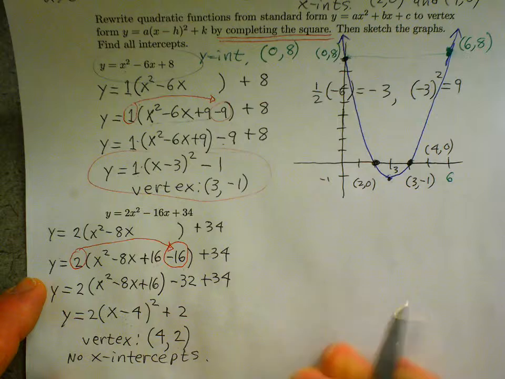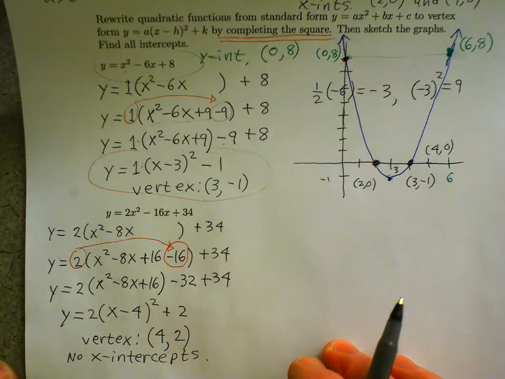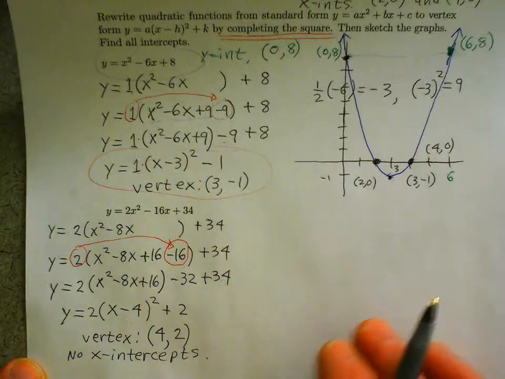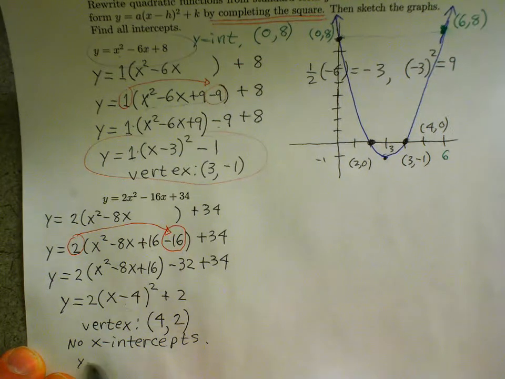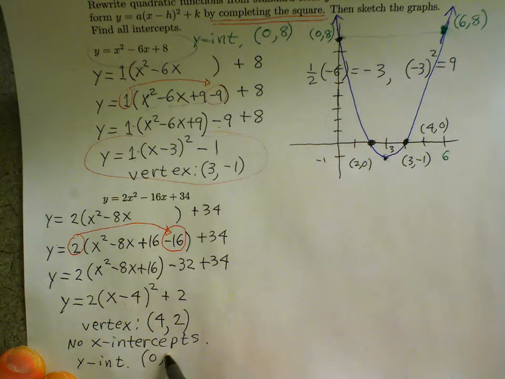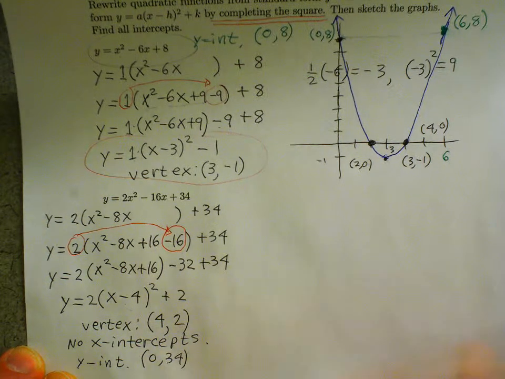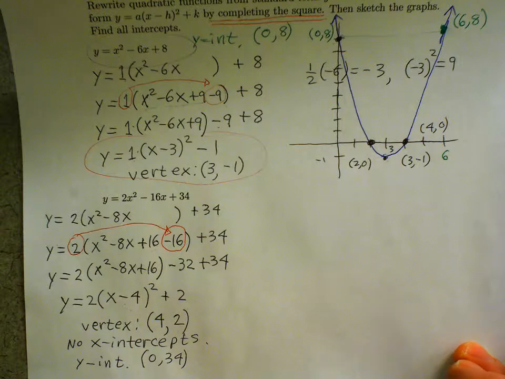There is a y-intercept. What's the y-intercept? Yeah, when x is 0, the y-coordinate is 34. Okay, so that's going to be off the grid.